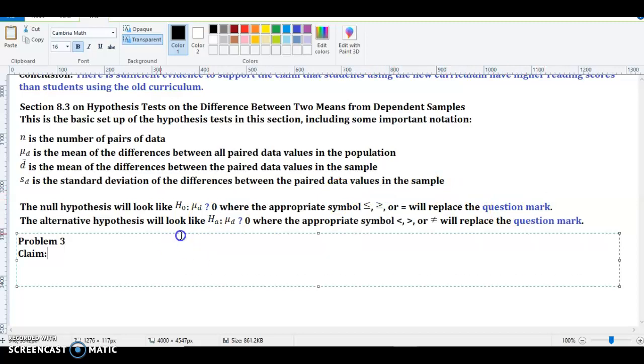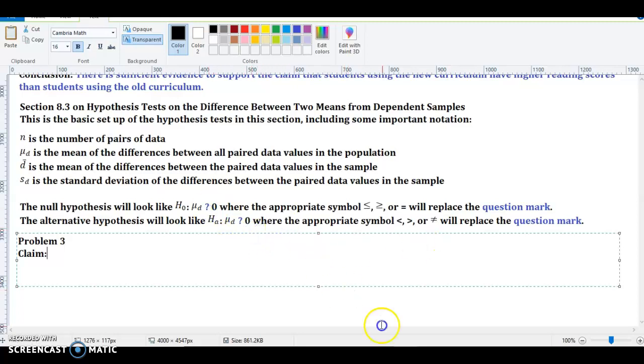Likewise, the alternative hypothesis will look as follows: the same population parameter mu D, and then the question mark will be replaced by either the less than, greater than, or not equal to symbol, again depending on the problem. And again, we assume that the mean difference is 0, unless otherwise stated in the problem.